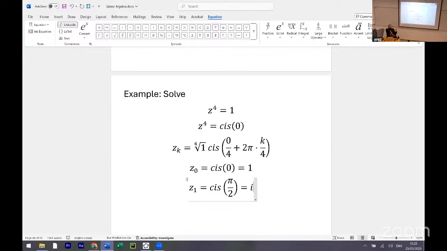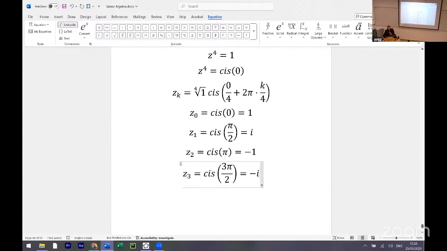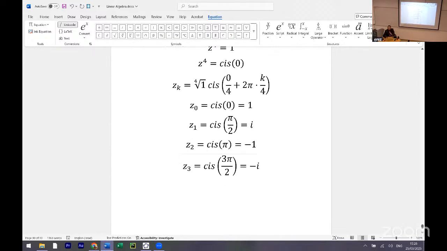It's i squared times i squared, minus 1 times minus 1. It's 1. That's true. z2 is cis of what? The angle here is pi, which is -1. z3 is cis of 3 pi over 2, which is negative i, which also to the power of 4 equals 1.